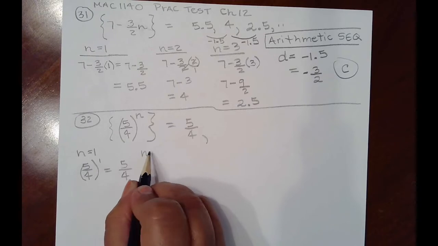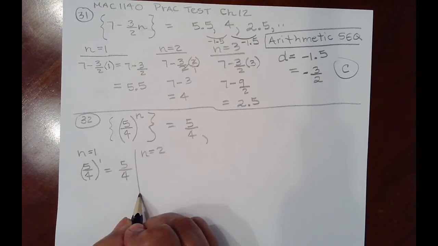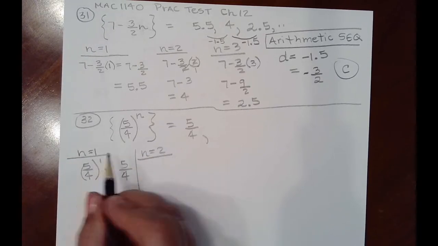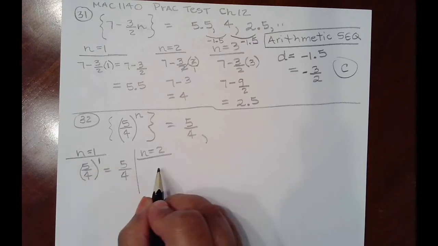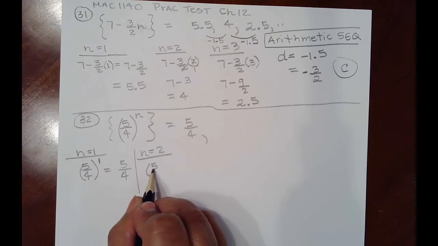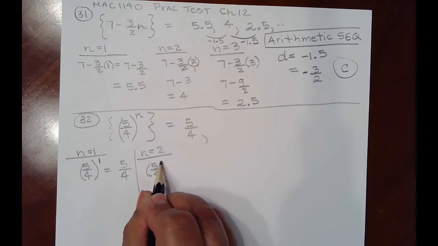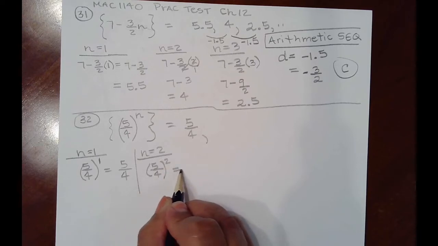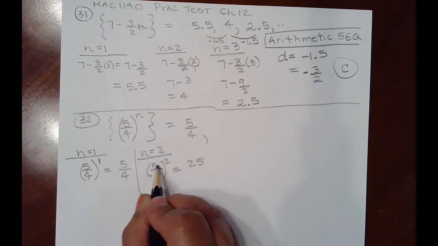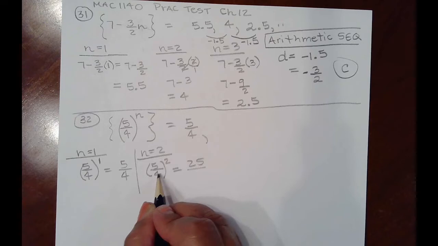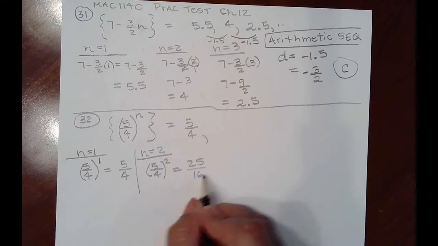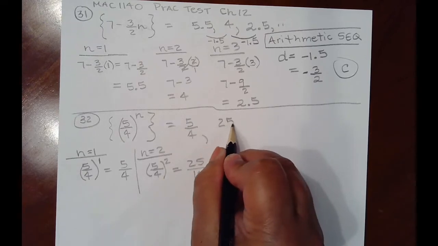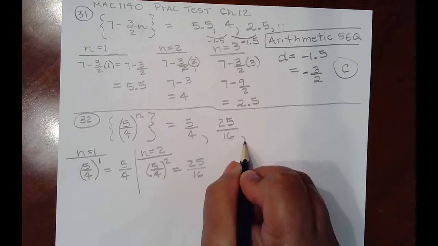Then if you're going to let n be equal to 2, then you would have 5/4 raised to a power of 2, and that would be 5 squared is 25, and 4 squared is 16. So this would be the next term in the sequence, and I'm going to do one more.